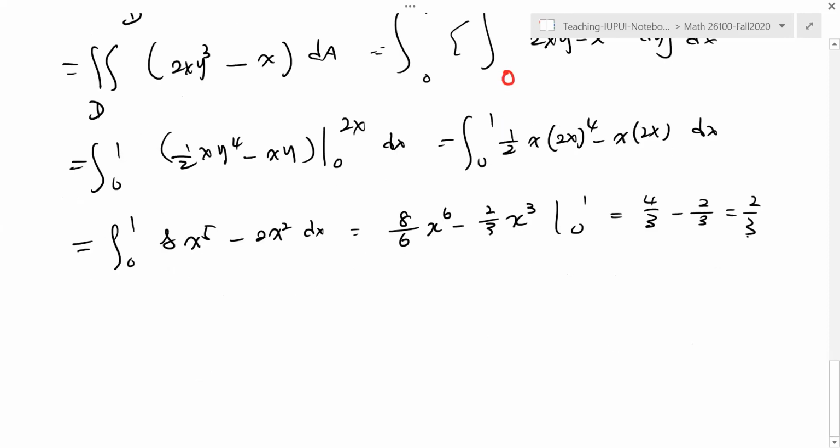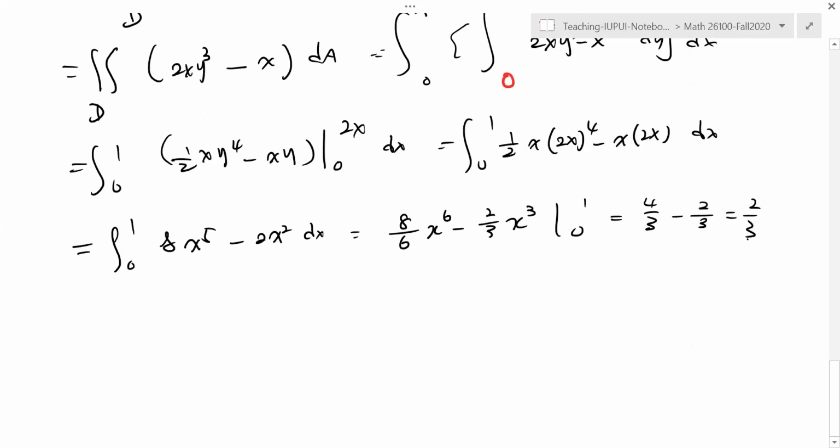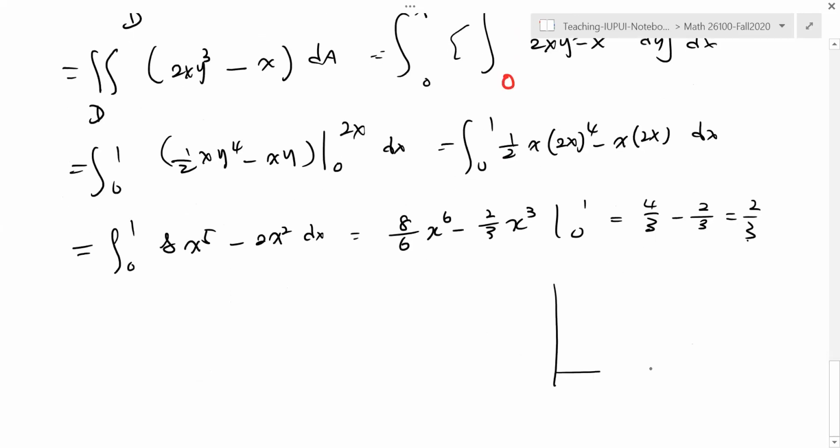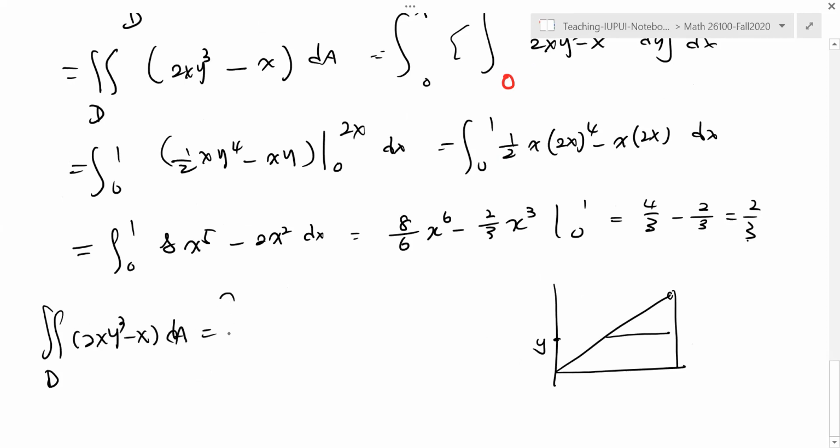Now you may also use a different way: you can use a horizontal line to cut the triangle. This double integral I'm not going to evaluate, but I just want to say there's a different setting. The upper bound for y is 2, so y is from 0 to 2, remember? So that's dy.